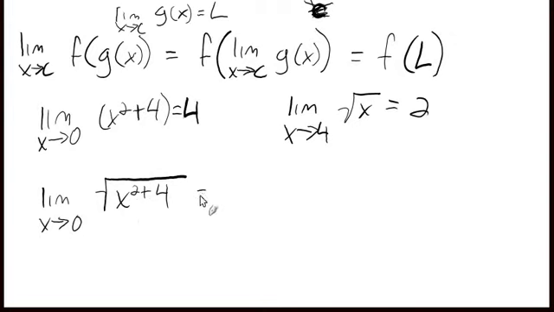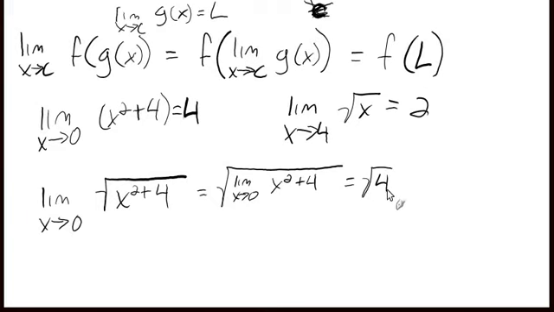Now I know this limit as x approaches 0 of this function, so I could just put the limit in here. The limit as x approaches 0 of x squared plus 4. I know that this limit is 4, so that number just goes straight into f, this other function, and this is 2. Okay, that's all it's saying.